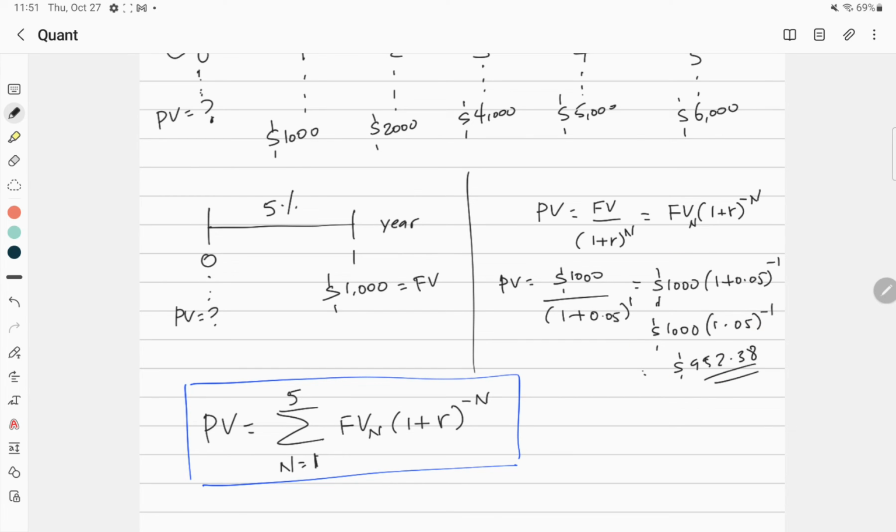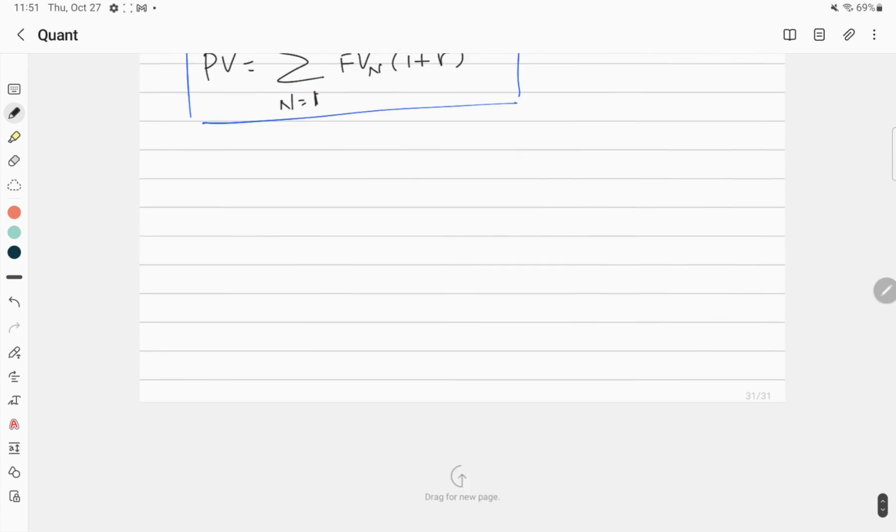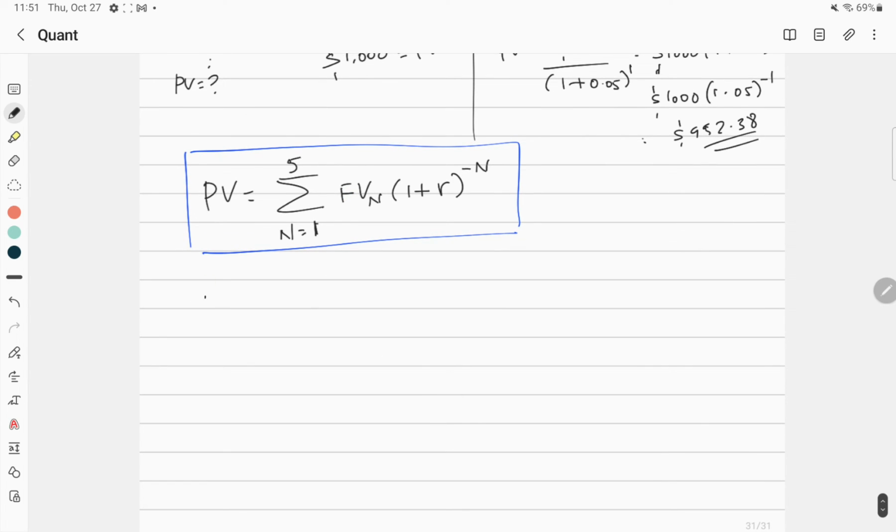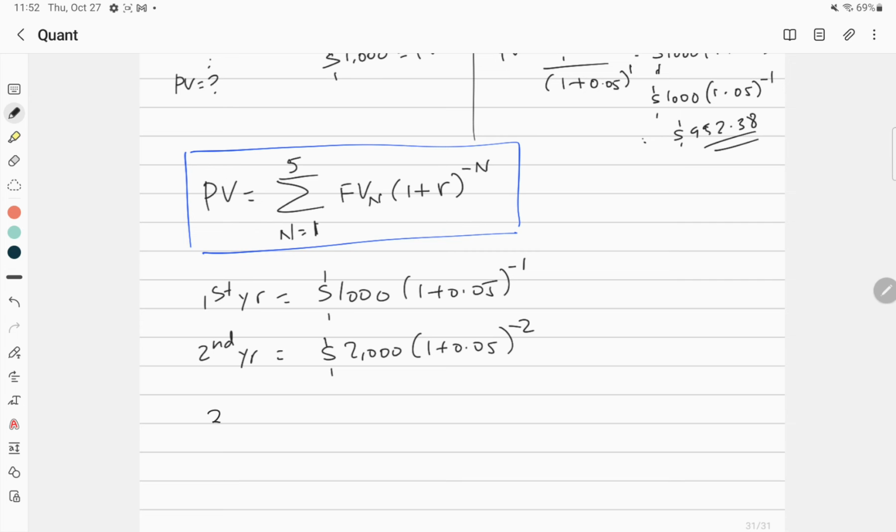So the first is 1,000. For the first year, we have 1,000 future value times 1 plus 0.05 raised to minus 1. Second year, we have 2,000 times 1 plus 0.05 raised to minus 2.